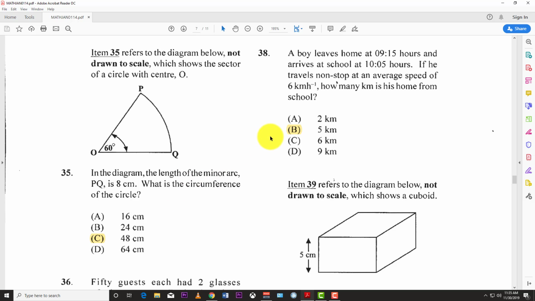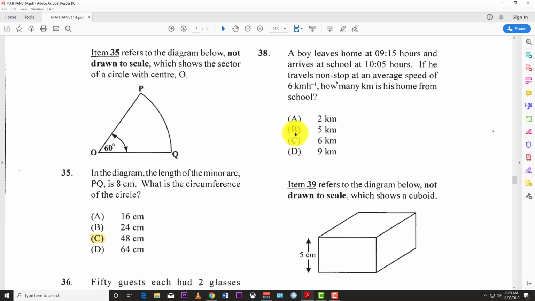38. A boy leaves home at 9:15 hours and arrives at school at 10:05 hours. If he travels non-stop at an average speed of 6 kilometers per hour, how many kilometers is his home from the school?